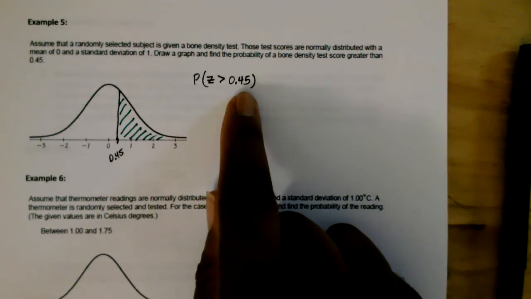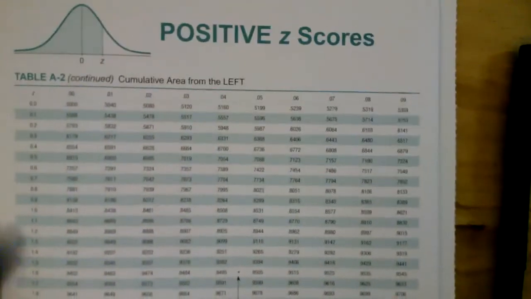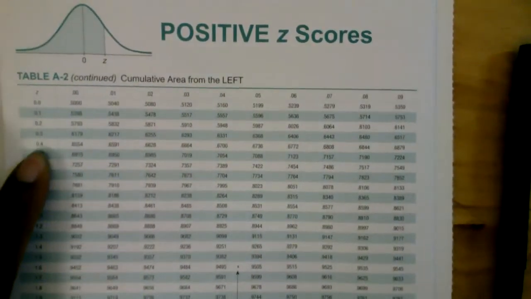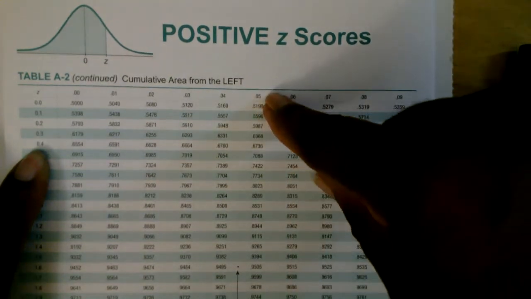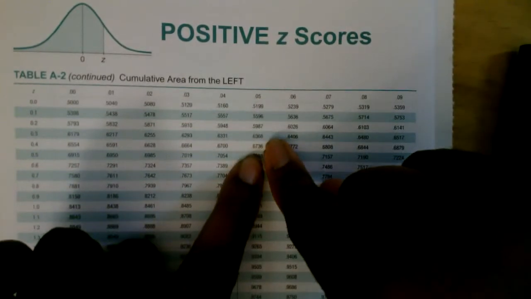Now, for 0.45, we're going to use our z table, use the page that says positive z scores. So here I'm going to find 0.4 and then 0.05. We read across and down.